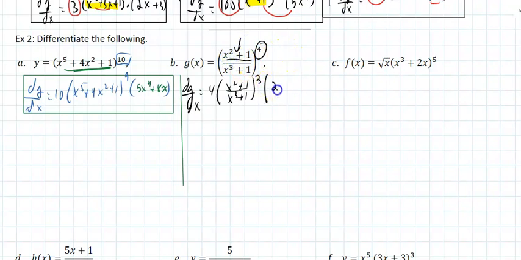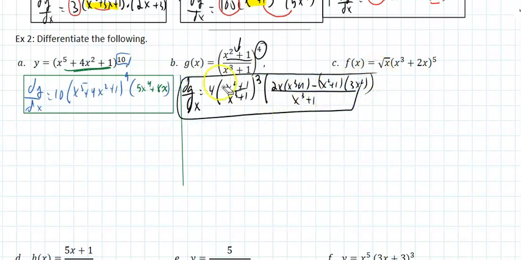Derivative of the top times the denominator, minus the top times derivative of the denominator, all over the denominator squared. Now on a test, this is all I want. For the homework, you're going to clean that up.